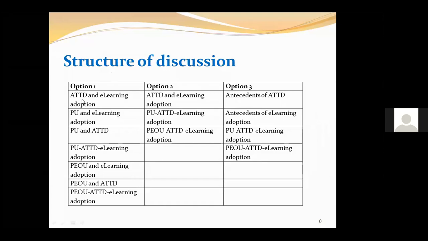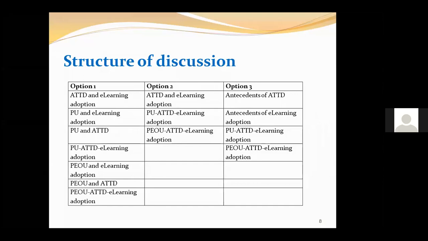Number one is on attitude and e-learning adoption, then perceived usefulness and e-learning adoption, then perceived usefulness and attitude, then the mediation effect. Then you have perceived ease of use and e-learning adoption, perceived ease of use and attitude, then the mediation effect. You can choose to make your discussion in that arrangement.